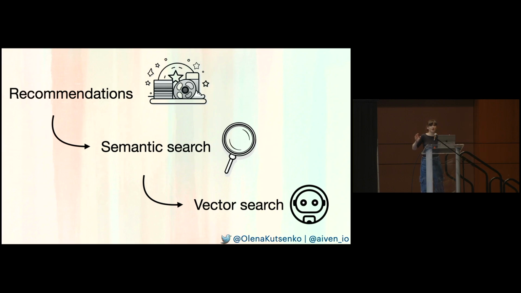If you want to make the connection that a puppy and a small dog or a pet are kind of similar and should retrieve those results as well, you will have to maintain some kind of synonym dictionaries to connect those entities. And you can imagine that with time, maintaining those dictionaries is quite a bit of effort. So semantic search goes around it and tries to work with the meaning of the word by using different strategies.